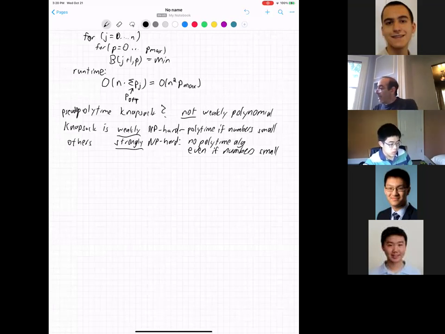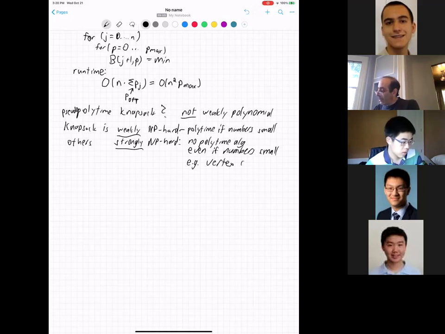Can anybody think of an example of a strongly NP hard problem among the ones we've already seen? Well, it's kind of a trick question, but if you think about it, vertex cover is strongly NP hard, right?